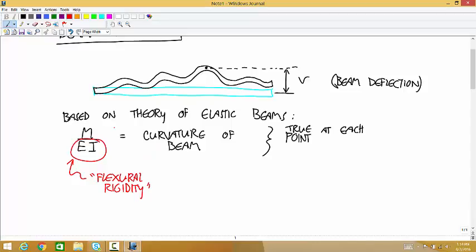If you decrease the flexural rigidity, there's more of a curvature in the beam, which just means if EI is high, the beam is stiff. It resists deformation. If it's small, the beam is really easy to deform.